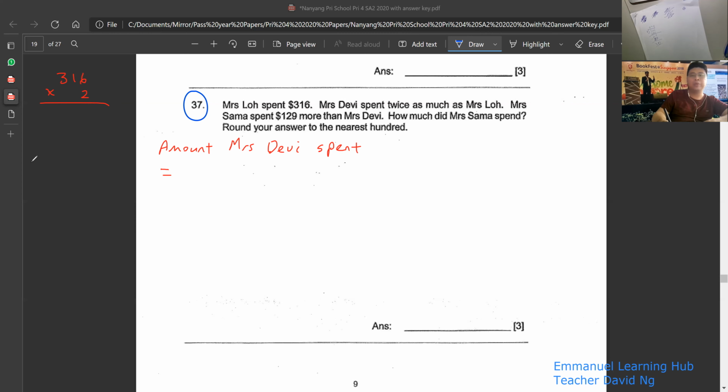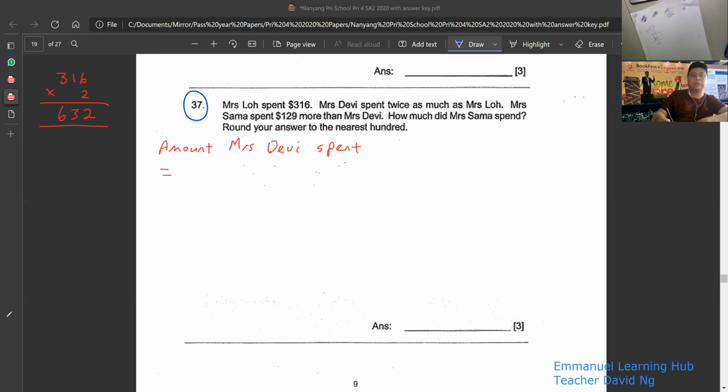316 multiplied by 2. 2 times 6 is 12. 316 multiplied by 2. 632.